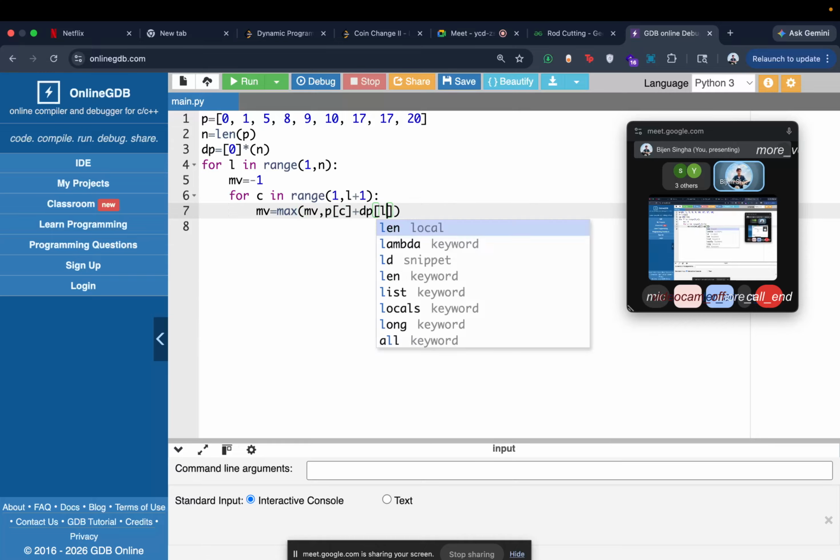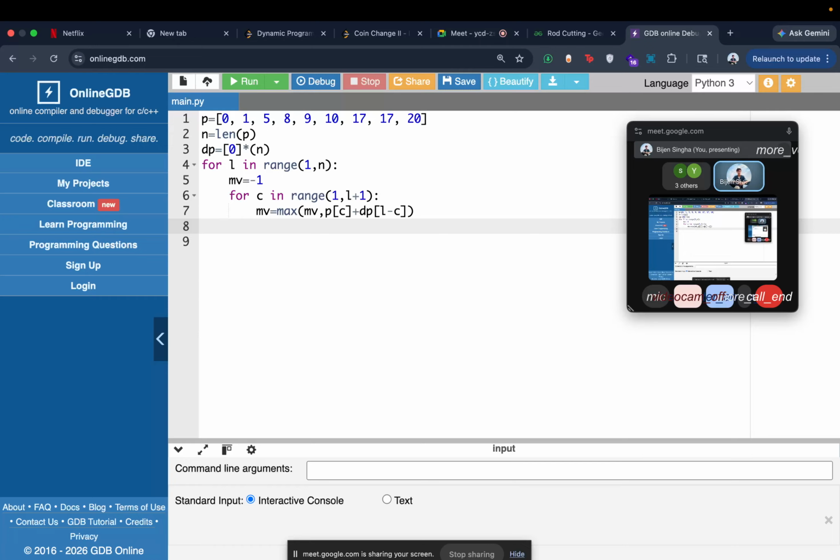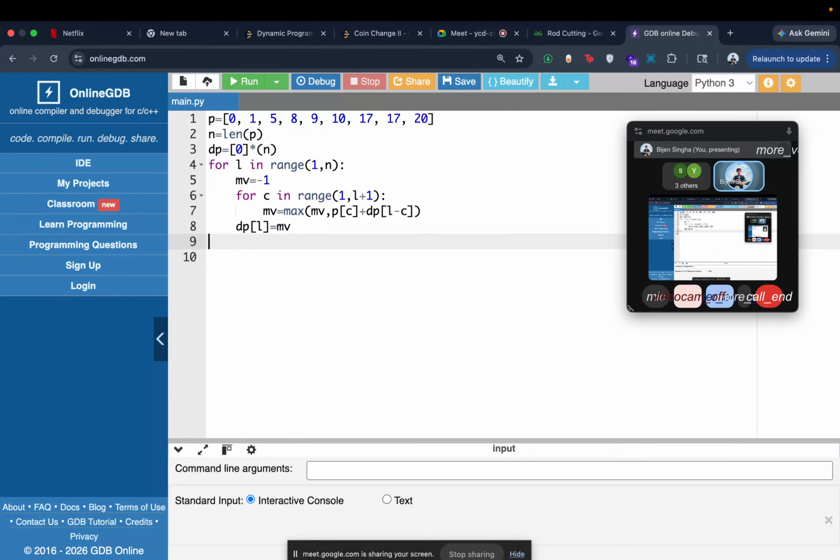Are you understanding? Okay, after that you change the dp of L, the current position, with the max value. After finding the highest value, you come outside and you change the value. Understood?